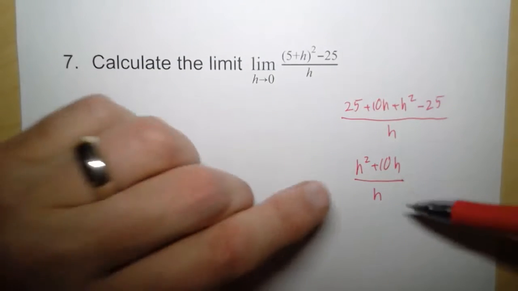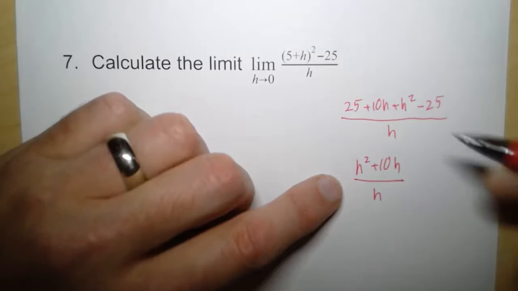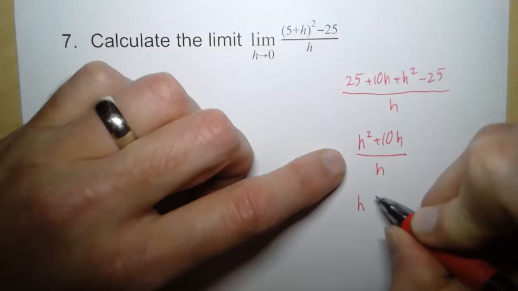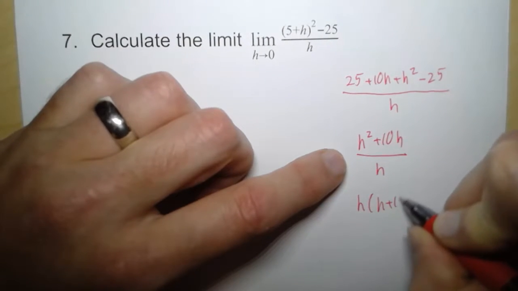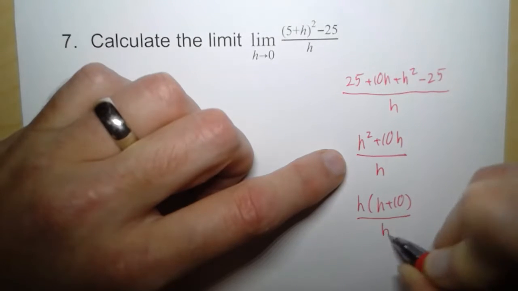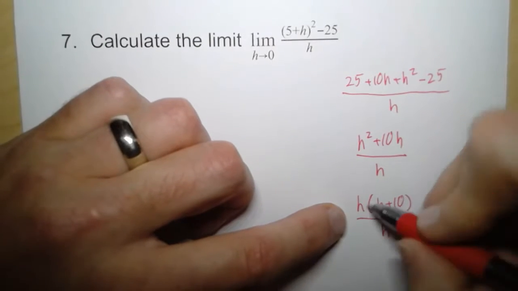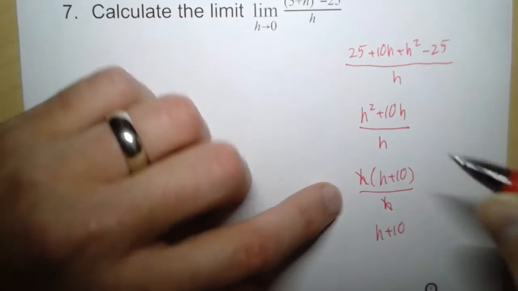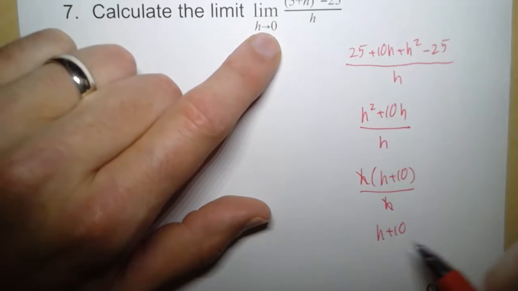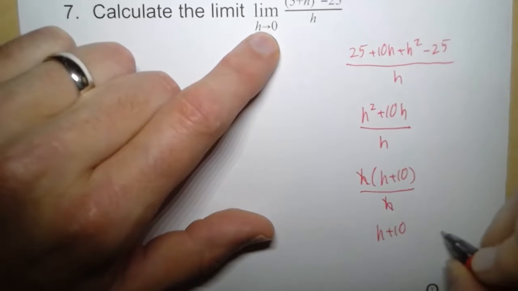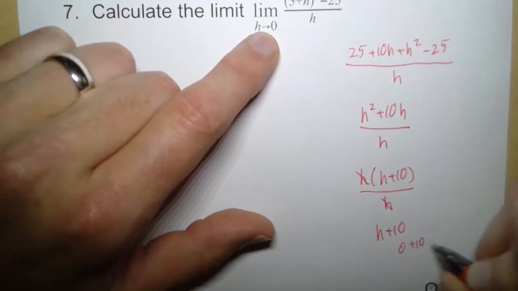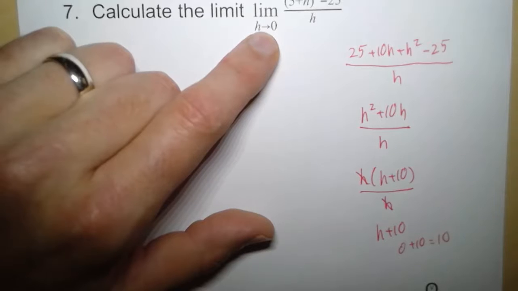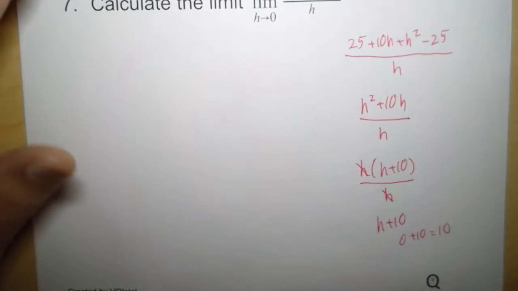Now notice that we can factor an h out of the numerator, so we have an h times h plus 10 all over h. And so with the h's canceled out, we're left with h plus 10. And now we can plug 0 in for h, leaving 0 plus 10. So that is what our limit is equal to. Our limit is equal to 10.